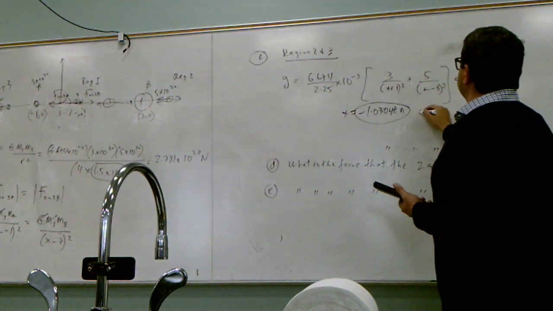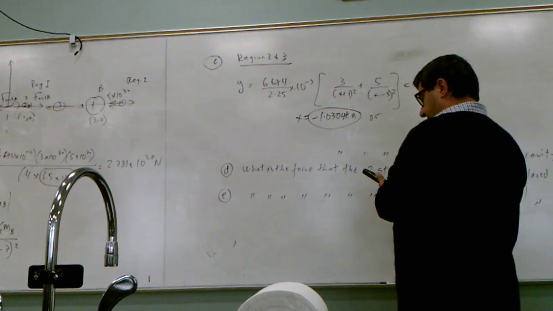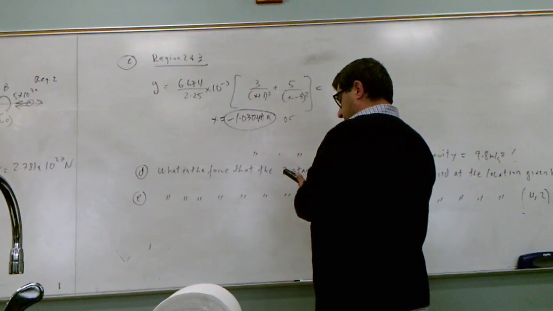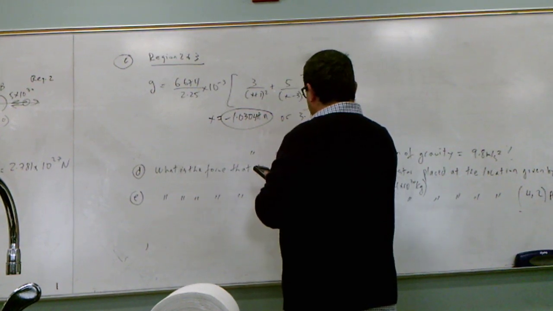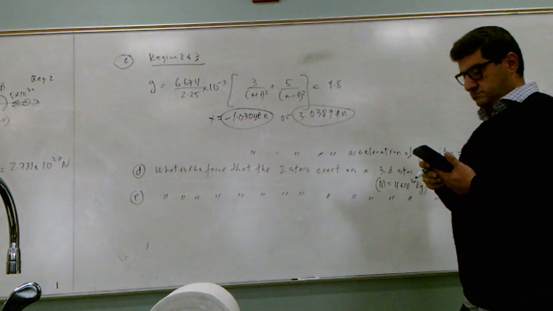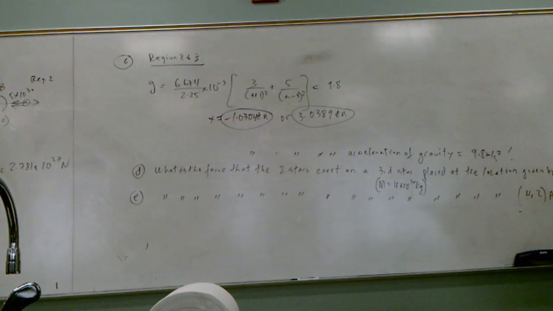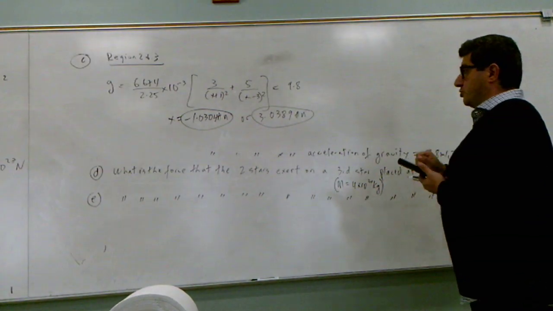So I'm only going to accept the one on the left side and on the right side. So 3.0389 AU. Okay, cool. So now I've got those locations.